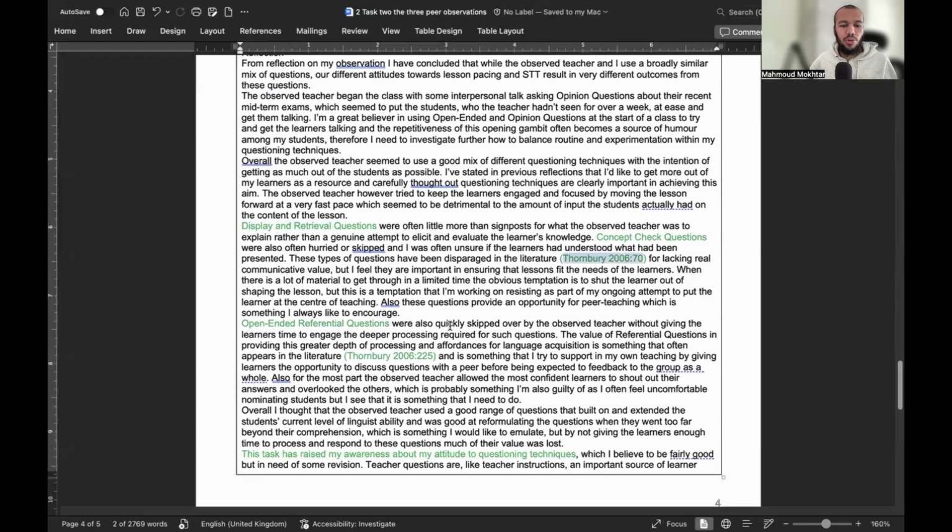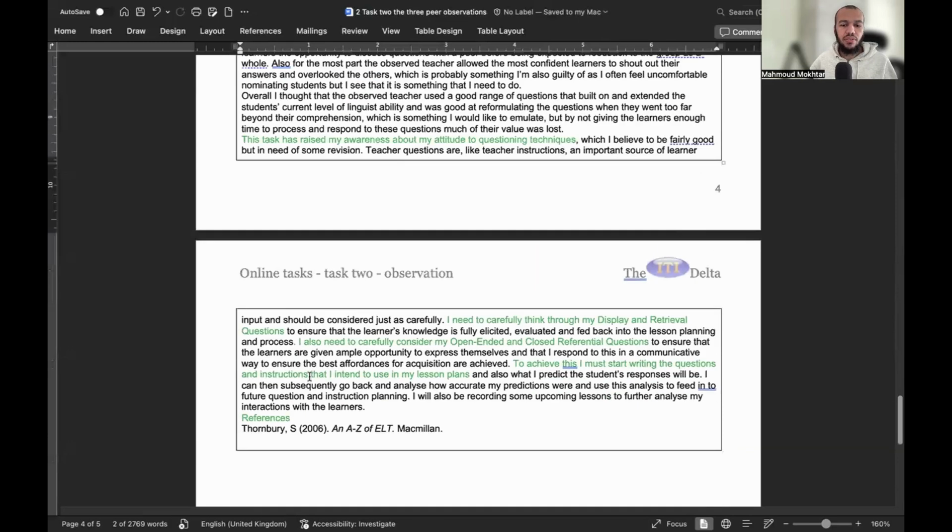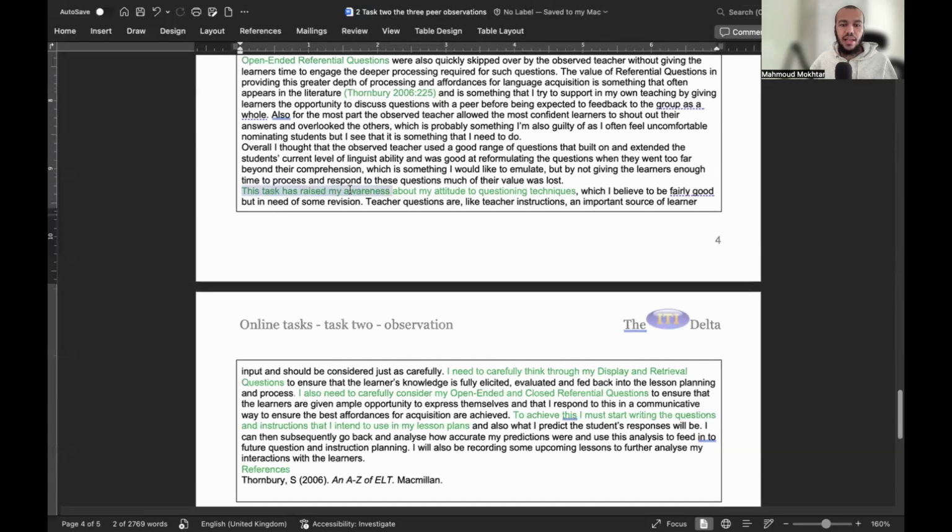And the most important part here is the reflection. This task has raised my awareness about my attitude to questioning techniques. I also need to carefully consider my open-ended questions. To achieve this, I must start writing questions, and so on, and then it finishes with the references.